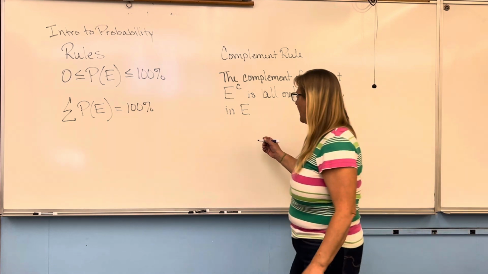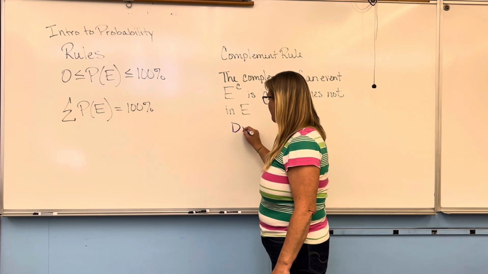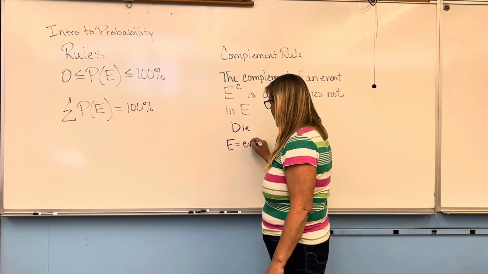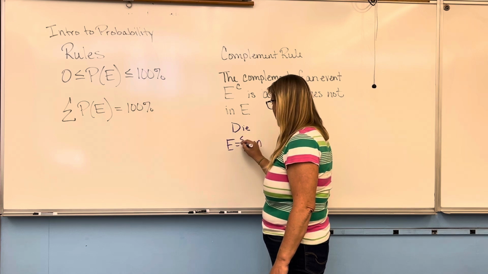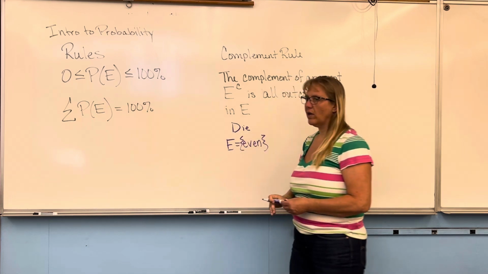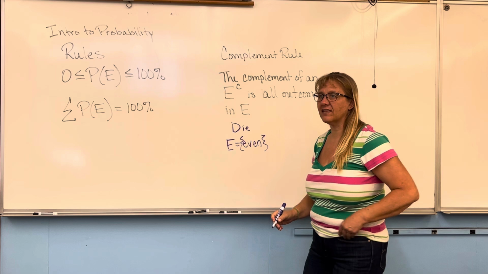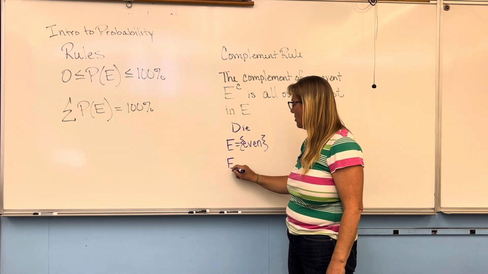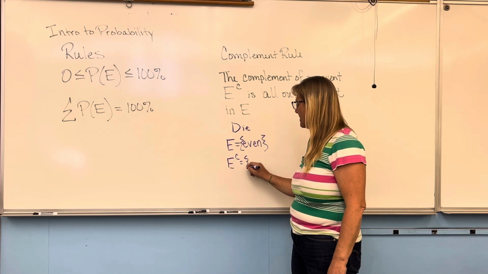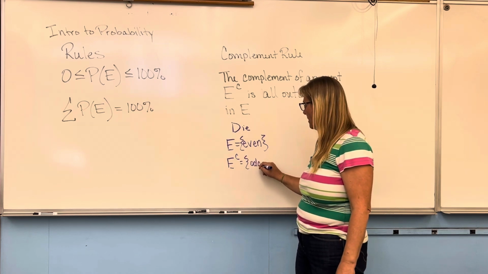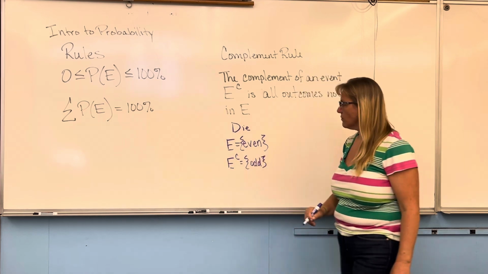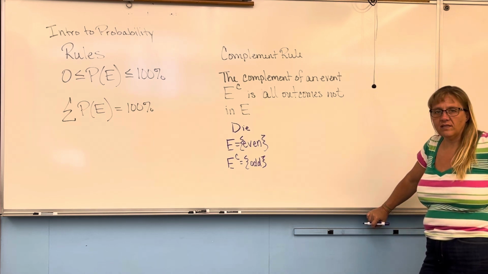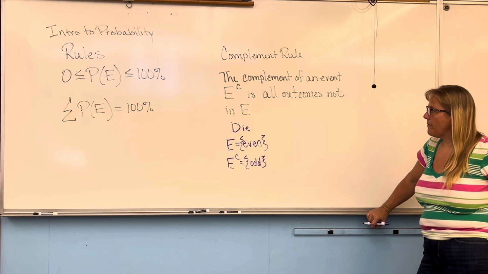So if you're looking at a die, and the event is that you want to get an even number on the die, then the complement is going to be everything else, which would be the odd numbers. So we would say E complement is getting an odd number on the die. So if E is what you want, E complement is what you don't want.